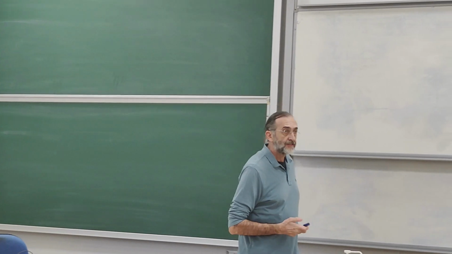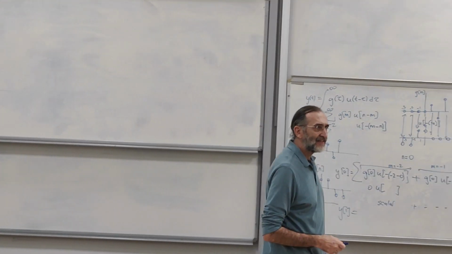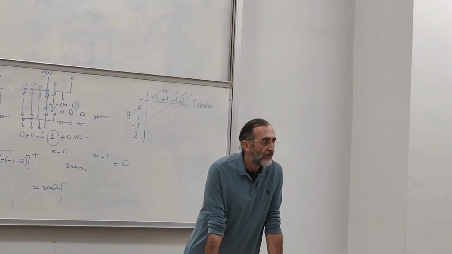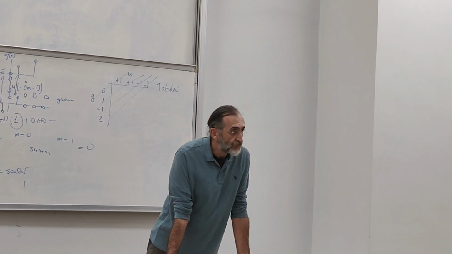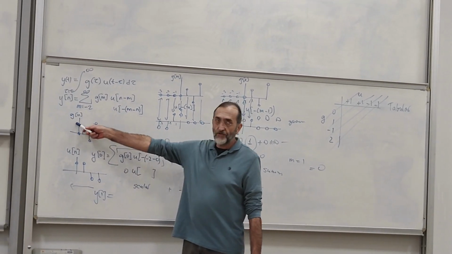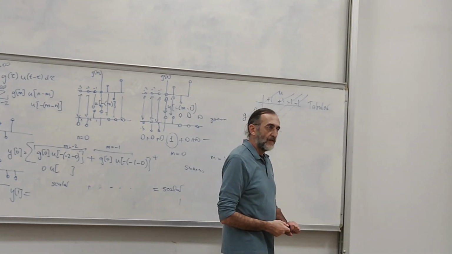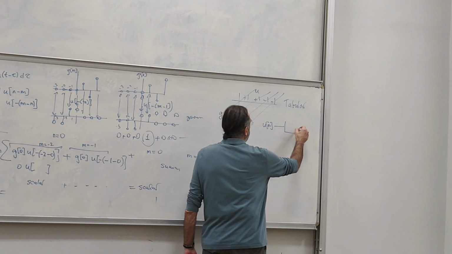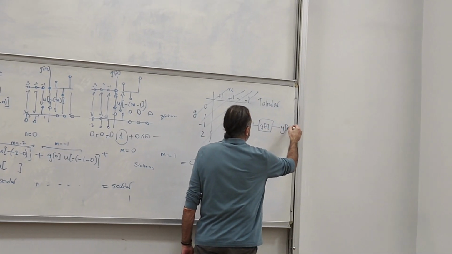Yes? What does this give us when we combine two systems? What do we get from this? The output of the input going into the system. Y of n. You're going to get u of n going into g of n. You're going to get y of n. Right?